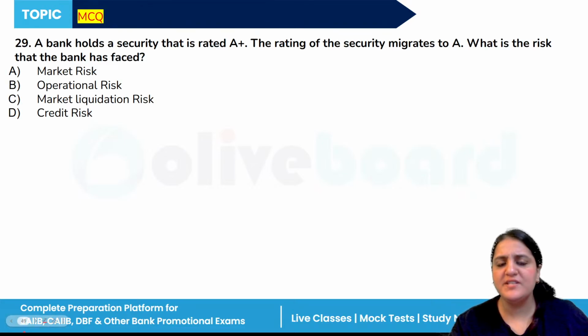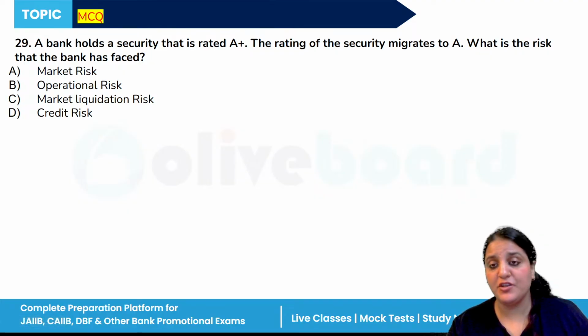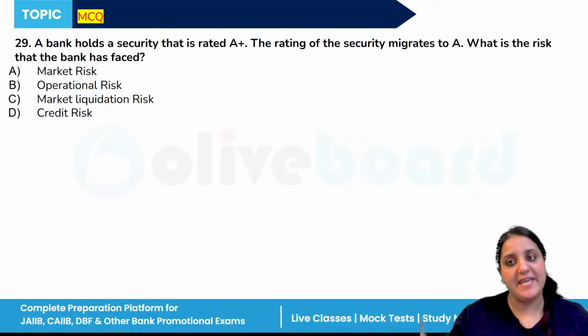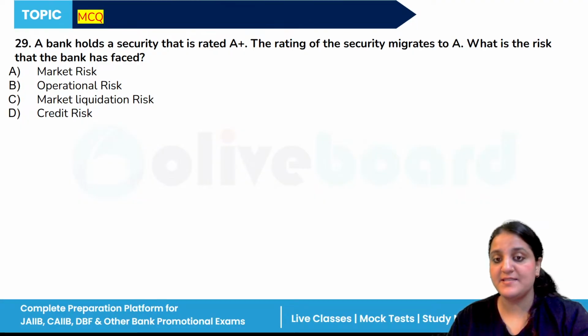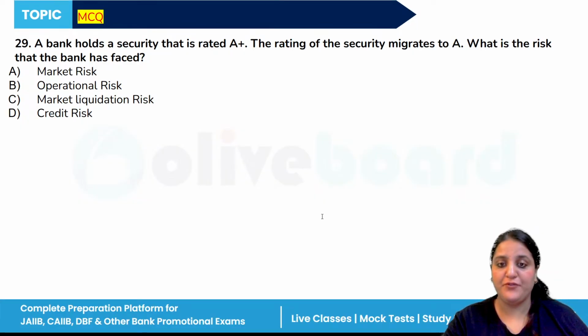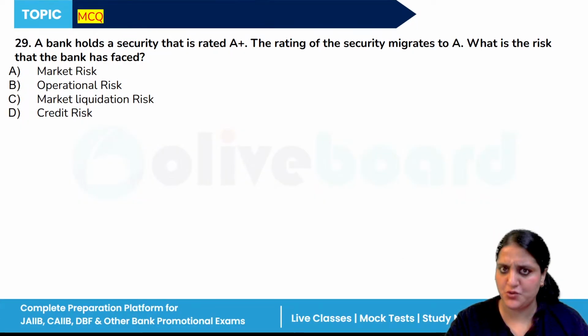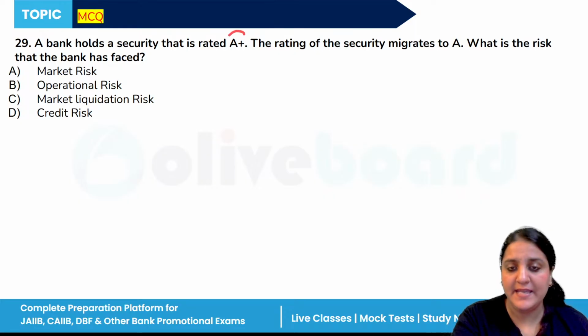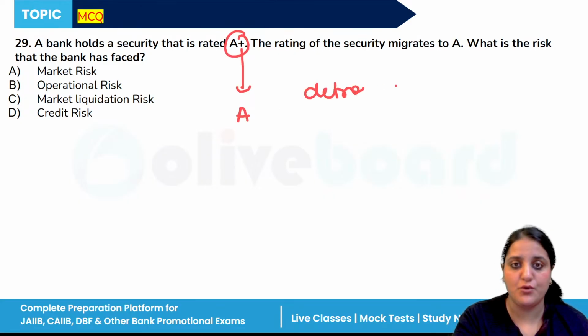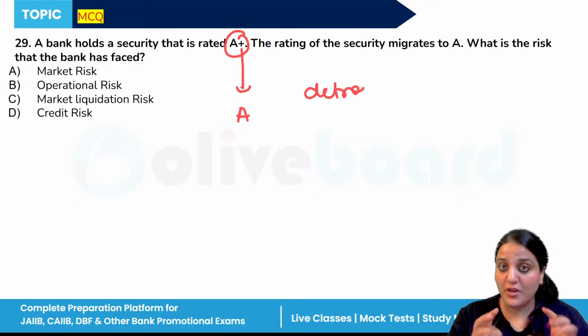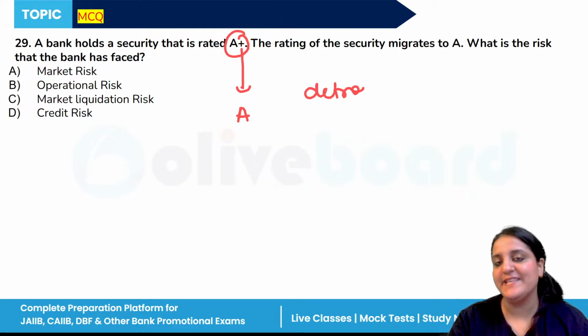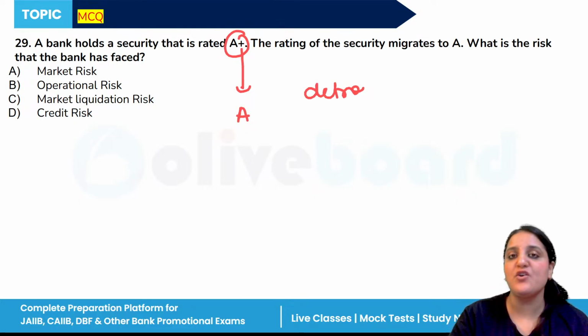If a bank holds a security that is rated A+, the rating of the security migrates to A. What is the risk that the bank has faced? If A plus goes to A, that means deterioration in the credit quality, right? So if there is deterioration in the credit quality, there is a chance of credit risk.